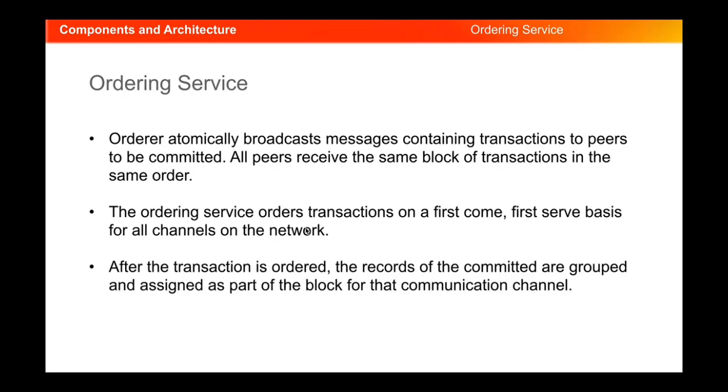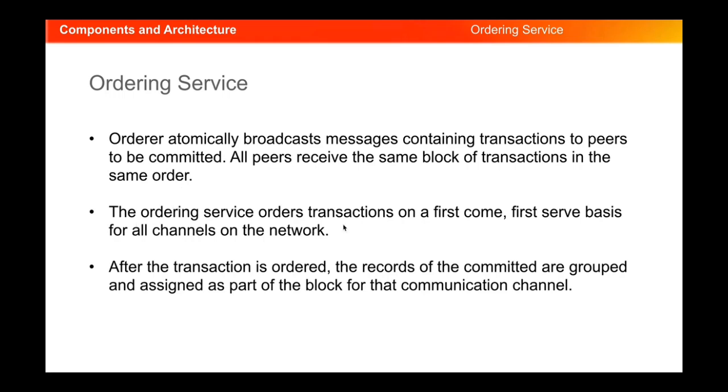The orderer automatically broadcasts messages containing transactions to peers to be committed. All peers receive the same block of transactions in the same order. As we know, the orderer takes the transactions and makes a block, it is passed on to the peers, and peers will commit that block to their ledger.